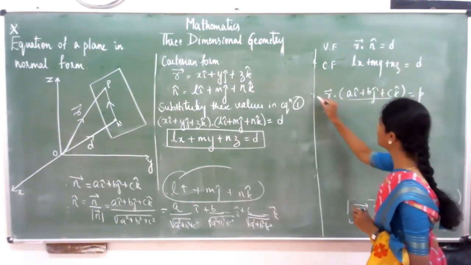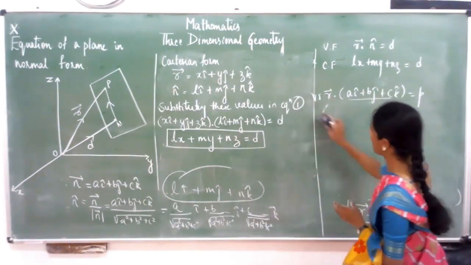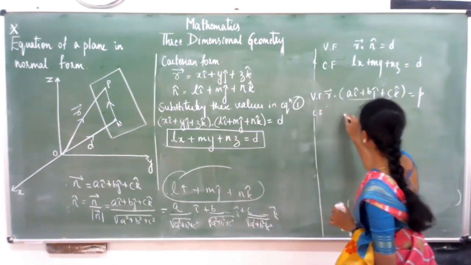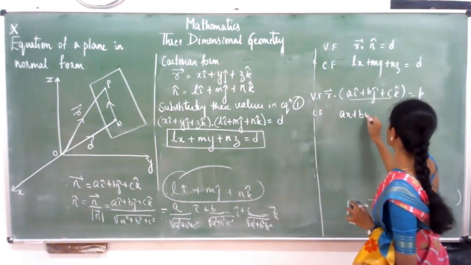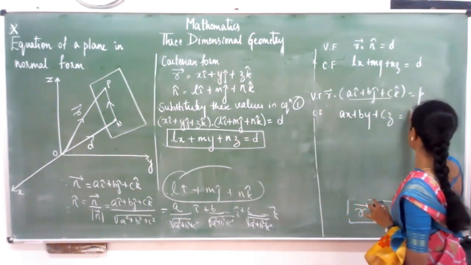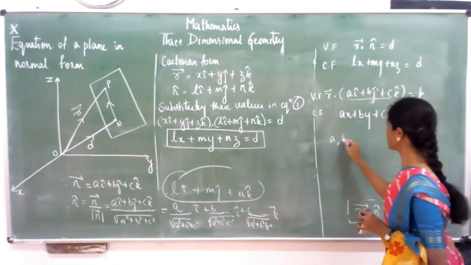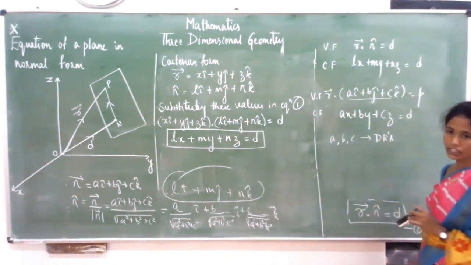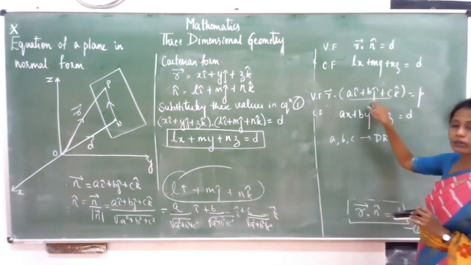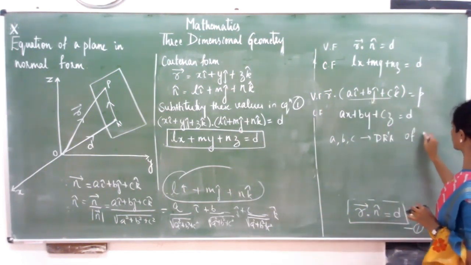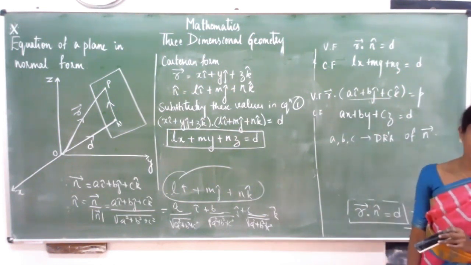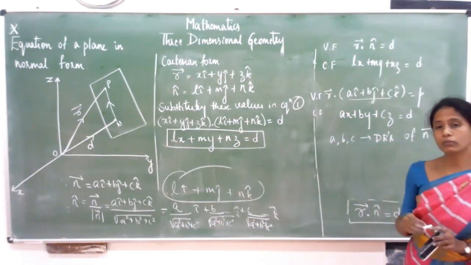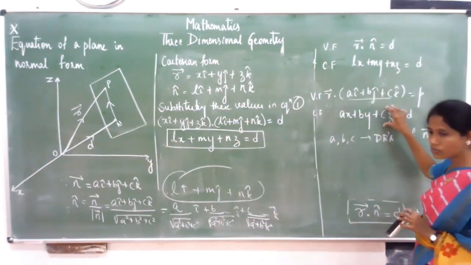Under this condition, this is the vector form, and the Cartesian form will be given as ax plus by plus cz is equal to p, where a, b, c are the direction ratios of the normal vector n. Okay, so you should be careful while solving the problems. They always give you in this format.